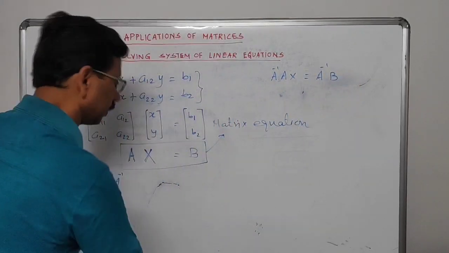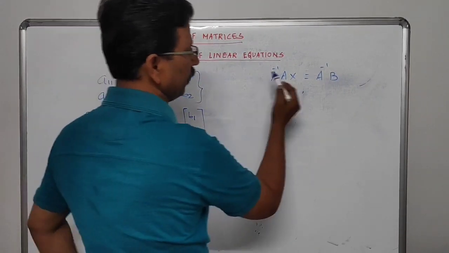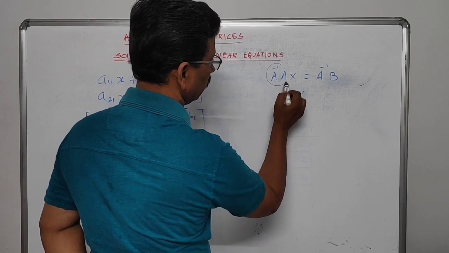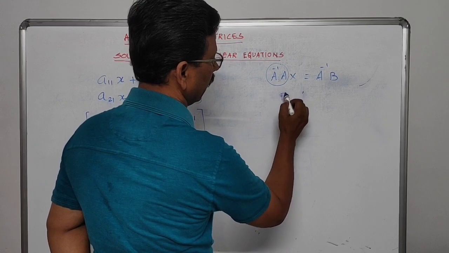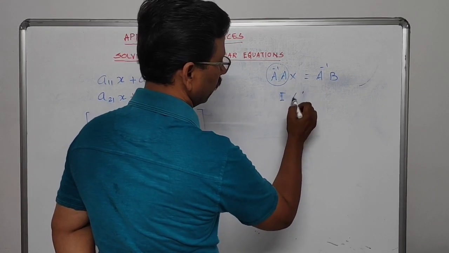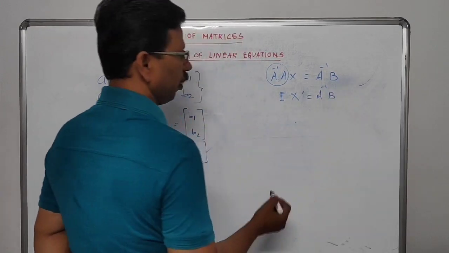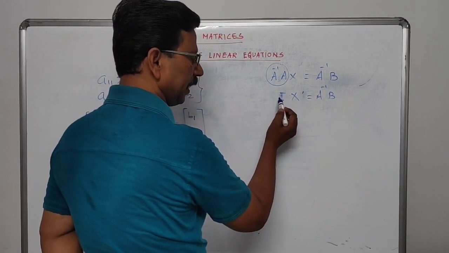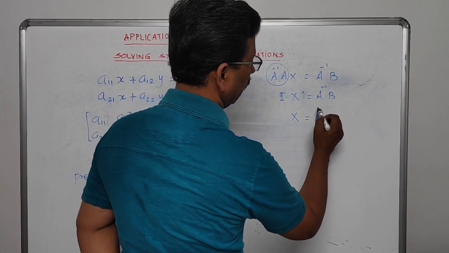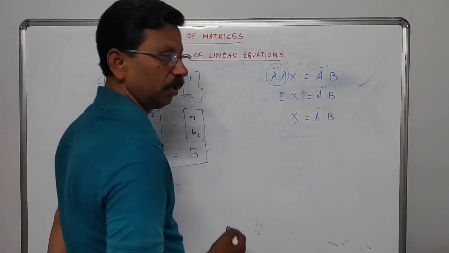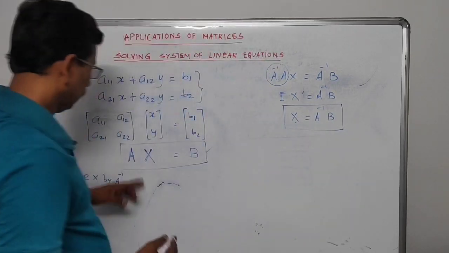Now if you consider this one, we know very well matrix multiplication is always associative. Therefore we can associate these two first. A inverse into A always gives an identity matrix of order n, into X, is equal to A inverse B. Now we know very well, if you multiply any matrix by the identity matrix, you get the same matrix. We get X equal to A inverse B. Now this is the solution for this matrix equation.